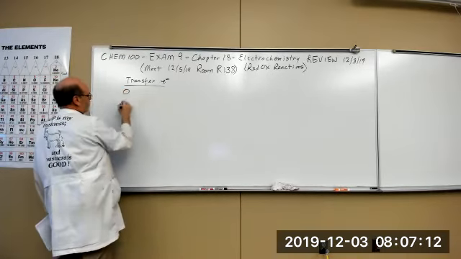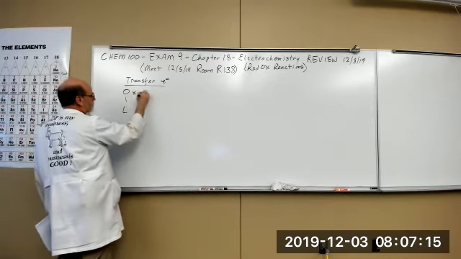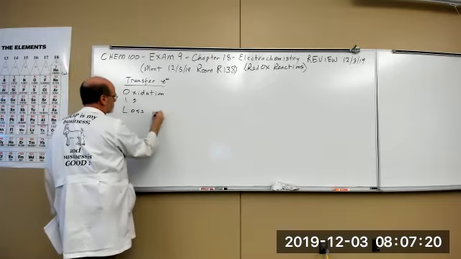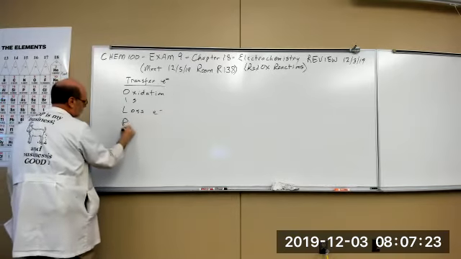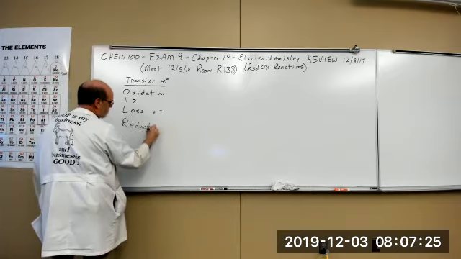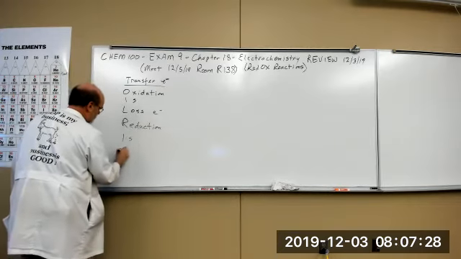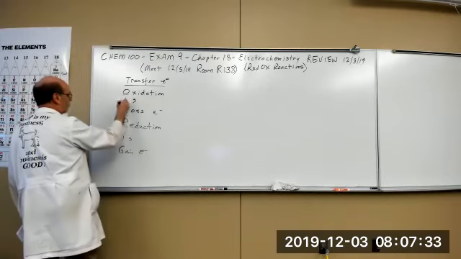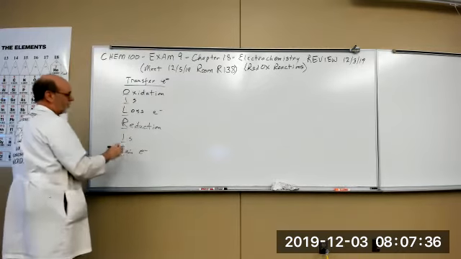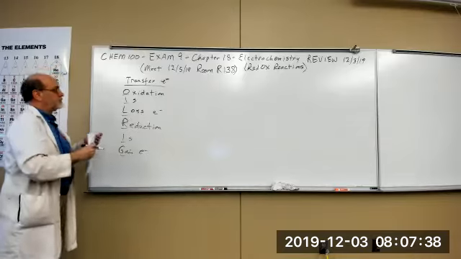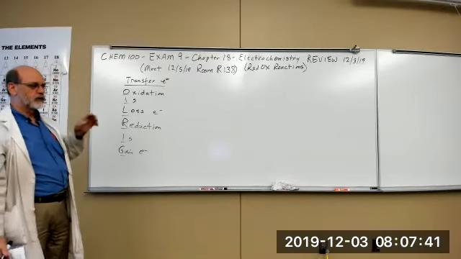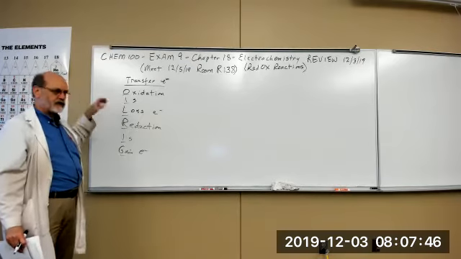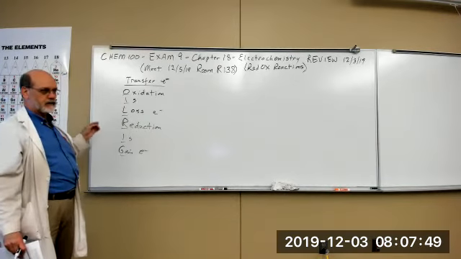Well, remember that oxidation is loss of electrons, and reduction is gain. So, probably the most important rule to remember is you can't have one without the other. Anytime you have an oxidation in a reaction, you have to have a reduction. They never occur separately.